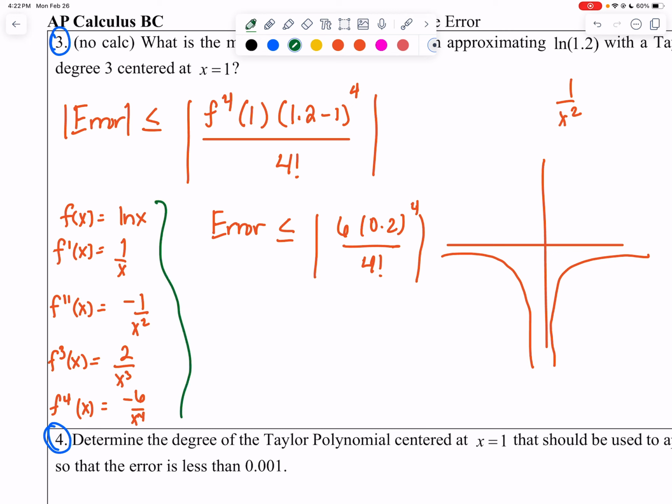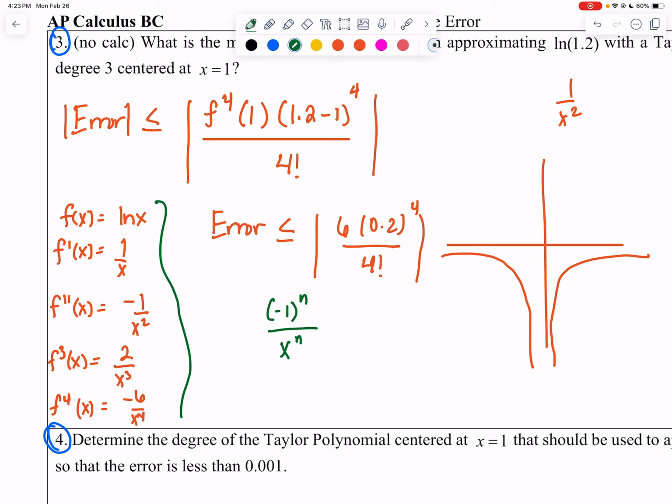My nth derivative, I have ln of x, 1 over x, negative 1 over x squared, 2 over x cubed, and negative 6 over x to the fourth. You'll see that I'm always going to have x to the n, and I'm also going to have negative 1 to the n, because it's going to be alternating. The problem is I don't know what to do with my coefficients, because it's 1, then 2, then 6.